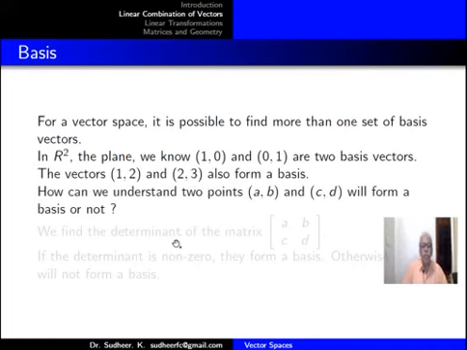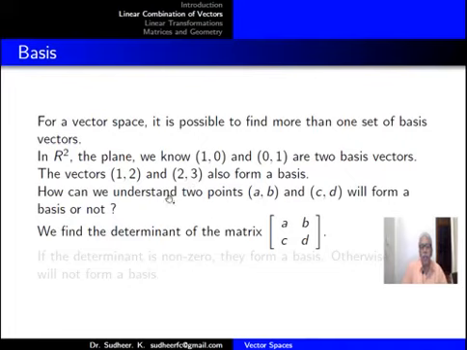For a vector space, it is possible to find more than one set of basis vectors. In the case of R2, the plane, we know (1, 0) and (0, 1) are 2 basis vectors, because if you write the matrix corresponding to these 2, you get the identity matrix, and it is non-singular because its determinant is 1. Suppose you consider the vectors (1, 2) and (2, 3).